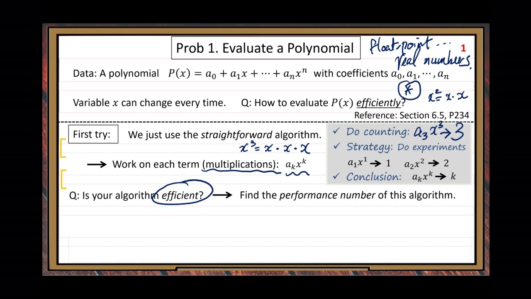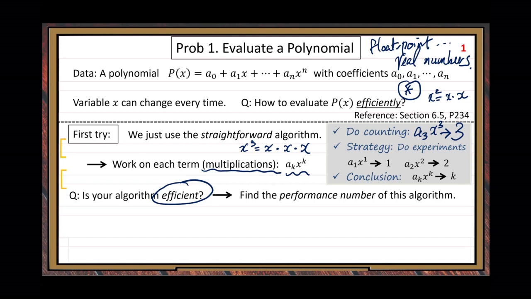We have no other choices. How do we know it's good or not? If we have only one solution, how can we compare it with other options? No comparison, right?